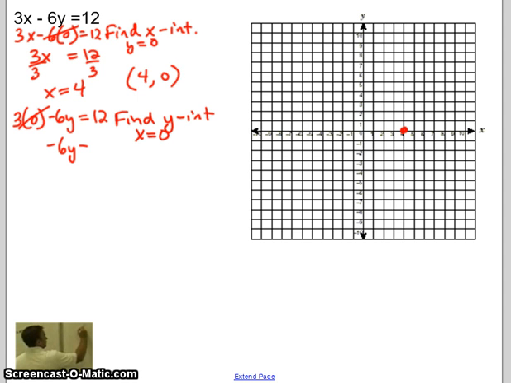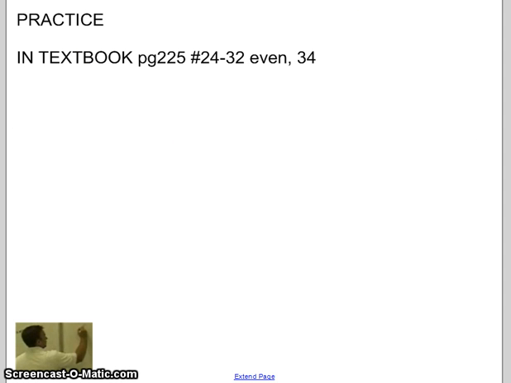You have -6y = 12, and we solve for y. You get y = -2, so we get (0, -2) for our y-intercept. We have our two points. We can draw a line through the two points, and that's the graph of 3x - 6y = 12. Try a couple on your own, and please feel free to ask me questions if you have any.